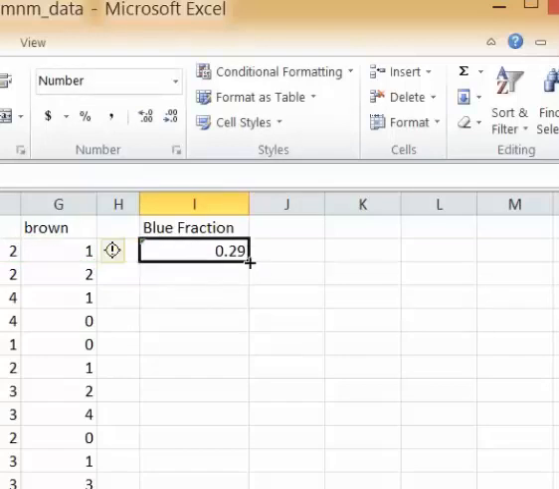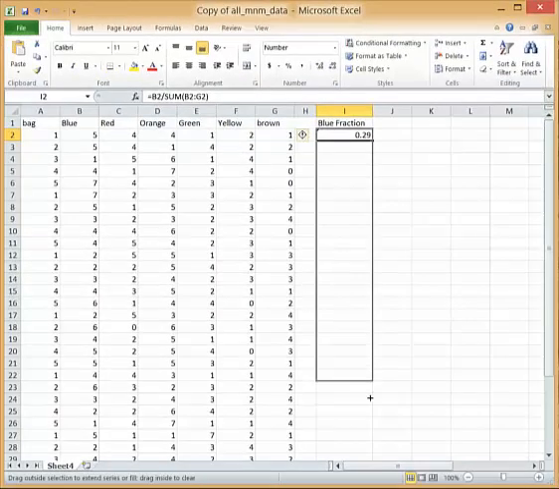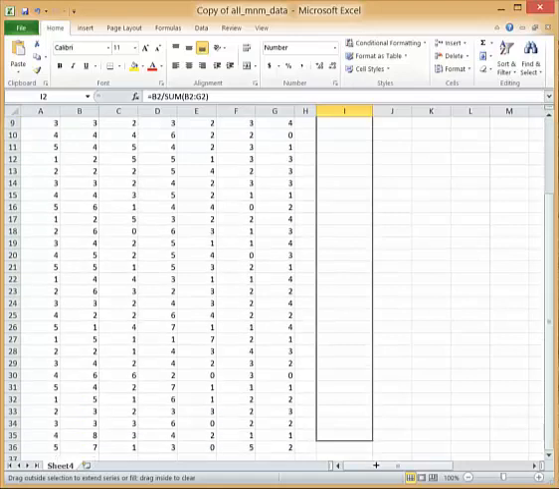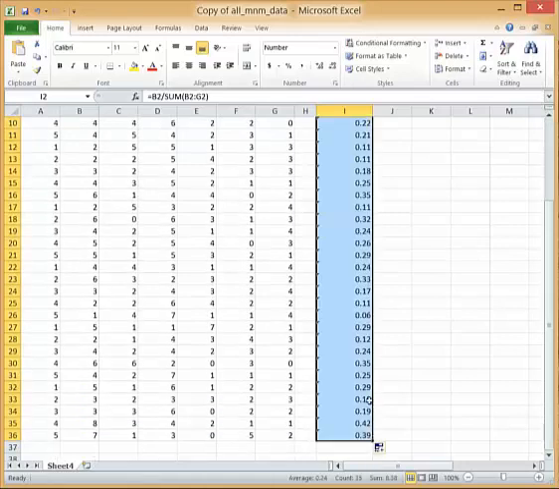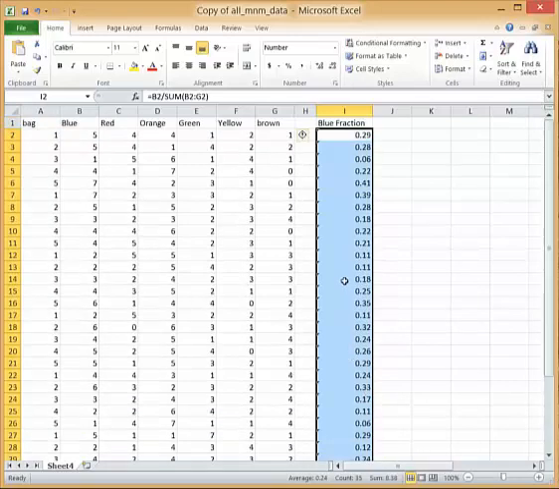We'll take this equation and copy it down throughout the entire data set. And then we get the fractions.